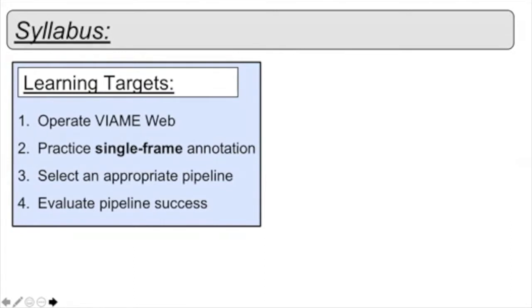We are going to practice single frame style annotations together, which will hopefully give you a sense for one common type of annotations in VIAME and familiarize you with some of the basic steps that are similar to other types of annotations. We're going to talk a little bit about the different types of models or pipelines in VIAME and which ones have been particularly successful for us. And then we're going to walk through evaluating pipeline success at a basic level.